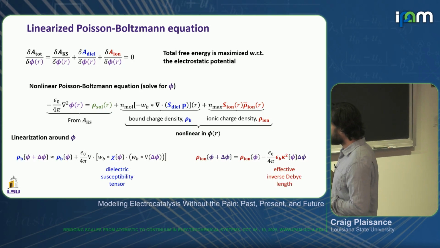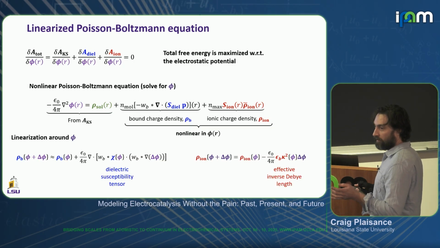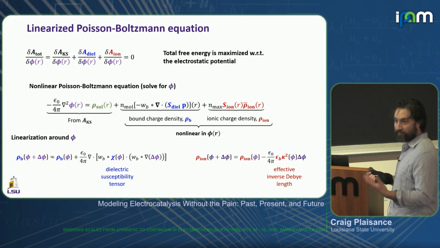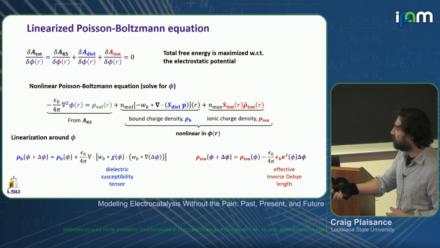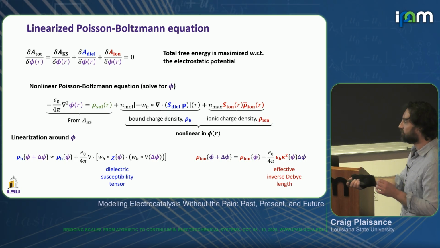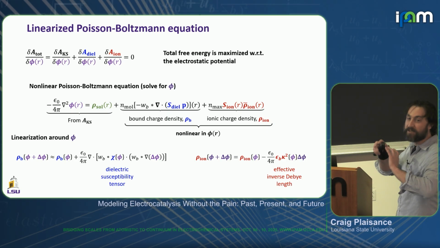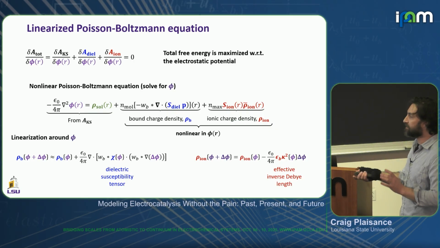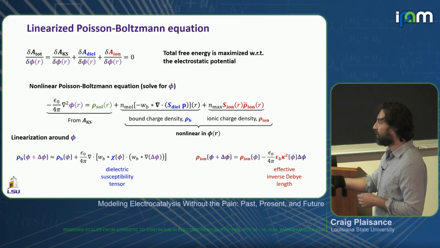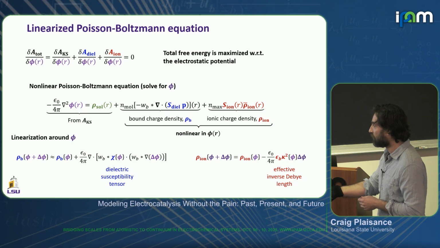And this is where I basically copied the approach of Stefan Ringe and linearized it around a given solution of the potential. So, say we guess the potential at every point in space, or we initialize it, we linearize the bound charge and the ionic density around that point.